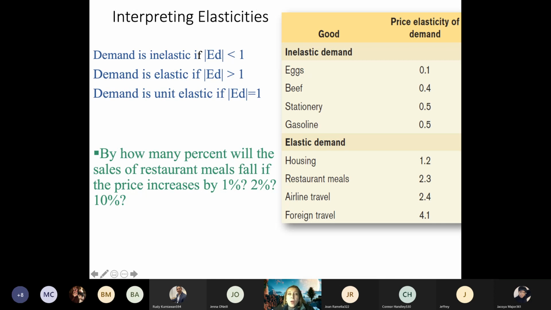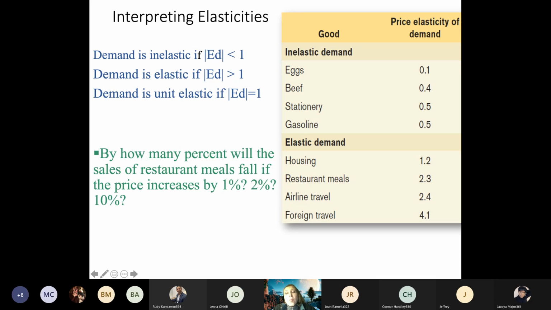So we call demand elastic if the number is higher than 1 in absolute value. Again, notice these are presented as positive numbers, whereas you know that they're negative, right? So economists just want to make things more complicated than they are. So airline travel is quite price elastic.